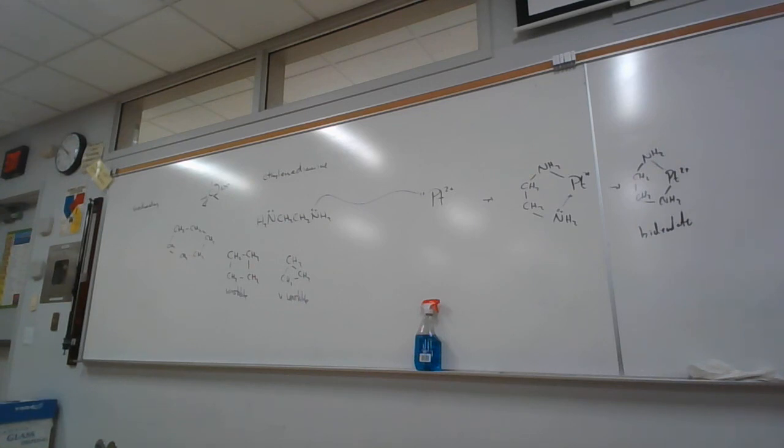Each of these oxalates are 2 minus. And so if this is 2 minus, this is 2 minus, and this is 2 plus, what's the net charge on this? The net charge here would be 2 minus.